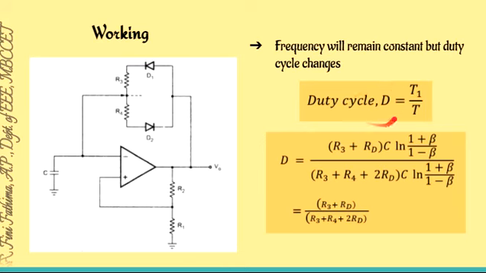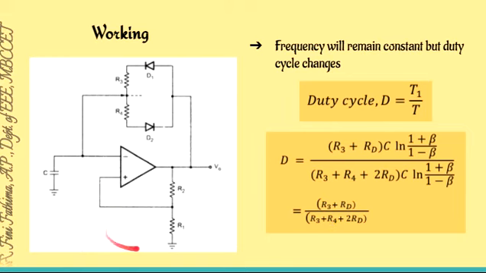If we are asked to find out 20% duty cycle, then (R3 plus RD) divided by (R3 plus R4 plus 2 RD) should be equal to 20%, which means 0.2. Then we have to choose R3 and RD accordingly. I hope you remember the design of this beta value.